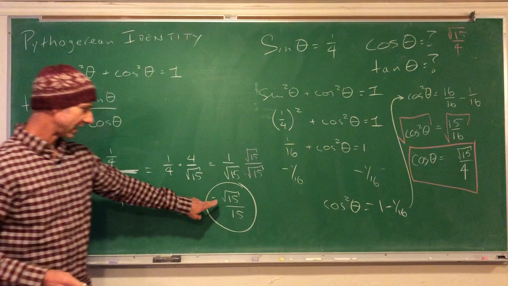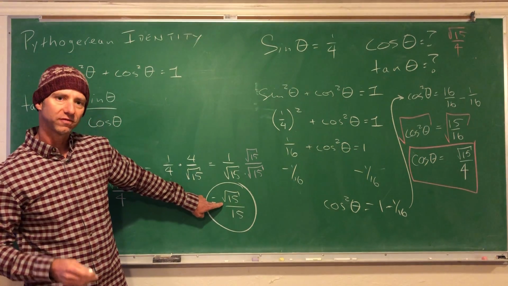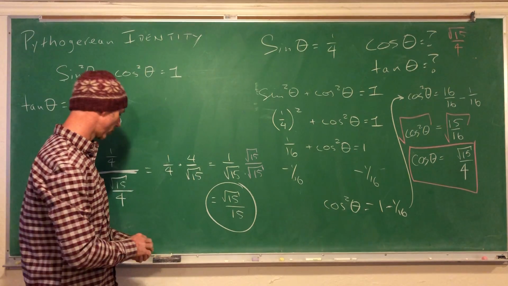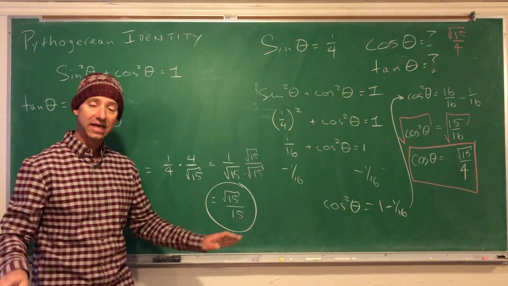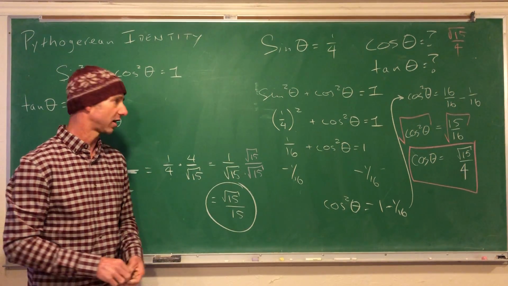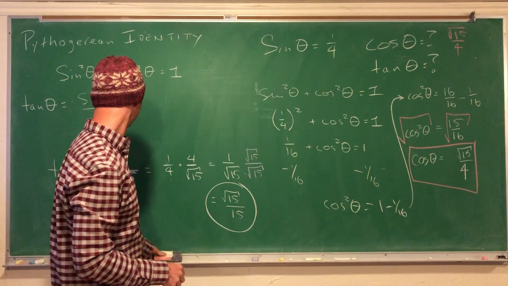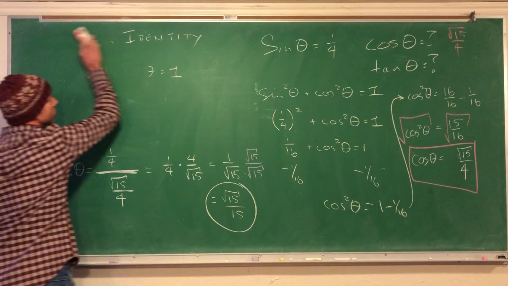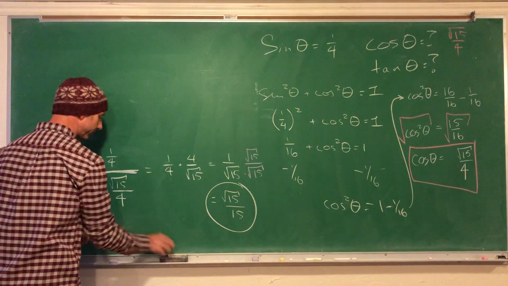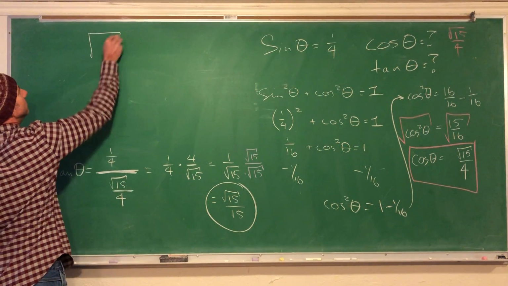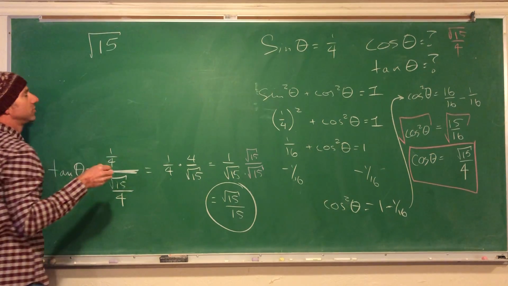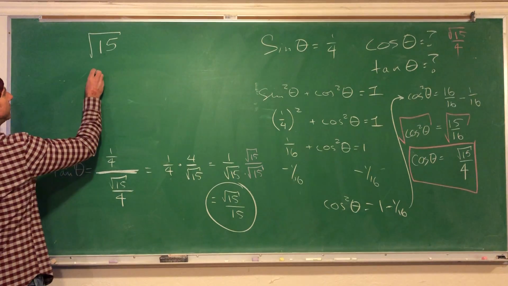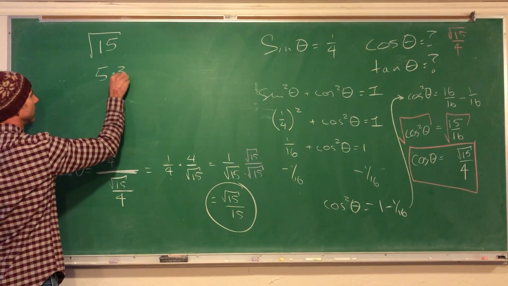Now, you might ask me, hey Matt, why didn't you simplify the square root of 15? Let's take a look at that for a quick second. The answer is, I can't. It's already simplified as much as possible. When you simplify a square root like this, factor it down. 15 is 5 times 3.